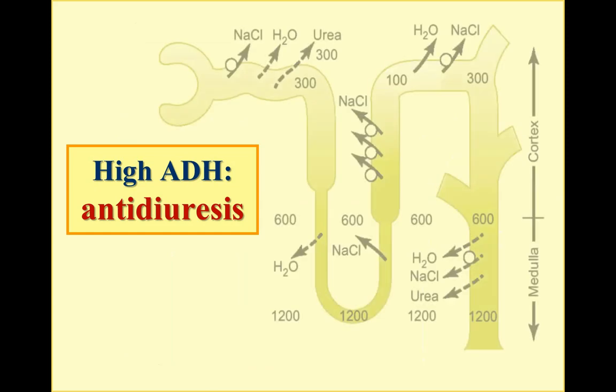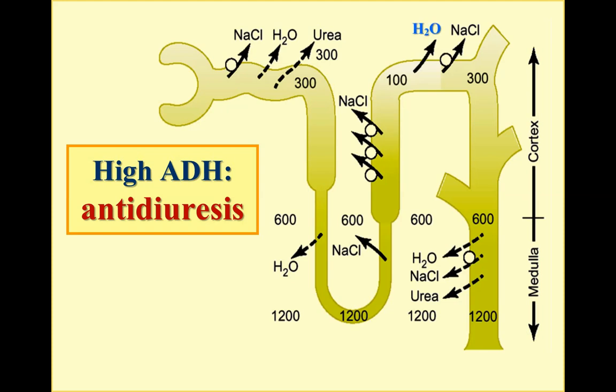Again, let's consider these same two situations, but it's necessary to remember how they are named. When the level of ADH is high, it creates this state which is called antidiuresis. Again, water is reabsorbed maximally so that it's conserved in the body.